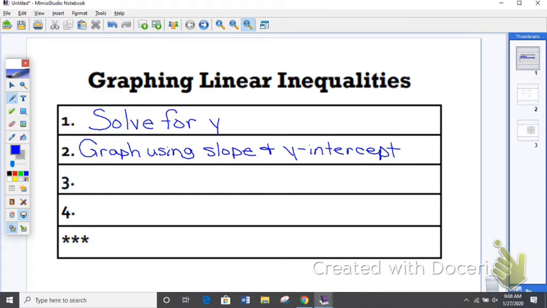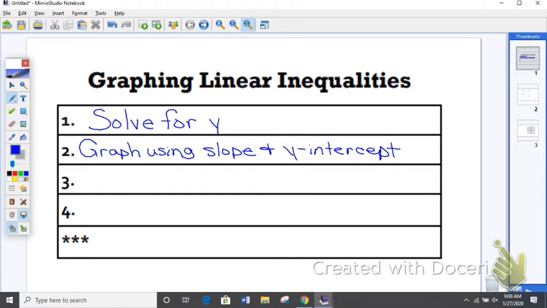So again, something that we have been doing for a long time. Once our equation is solved for y, we can graph using our slope and our y-intercept from that slope-intercept form. Okay. So that's what we've been doing.